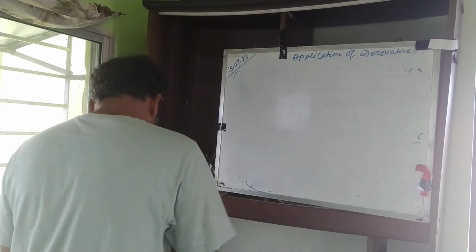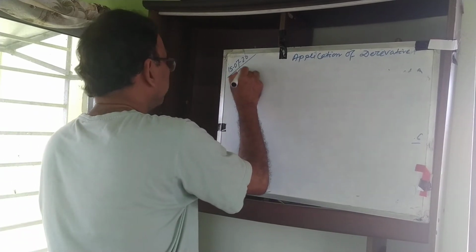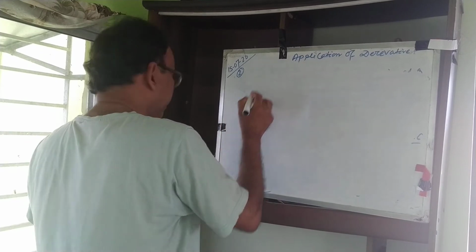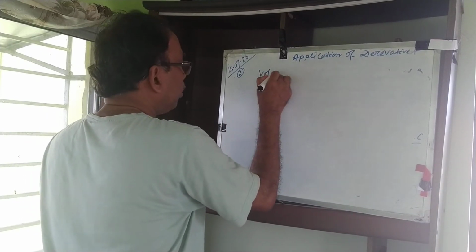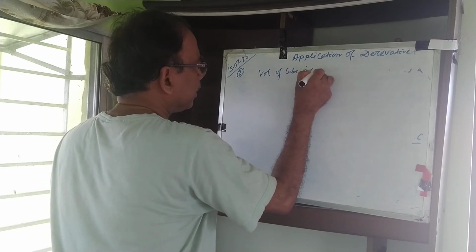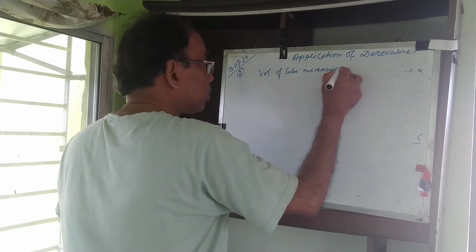Next, sum number 2. The volume of a cube is increasing at a constant rate.